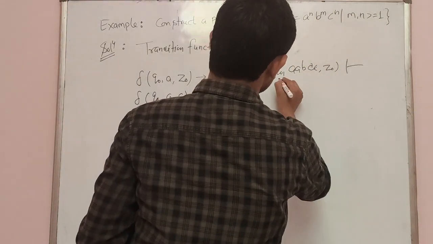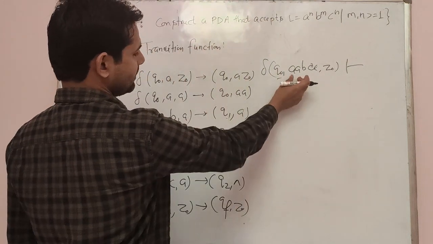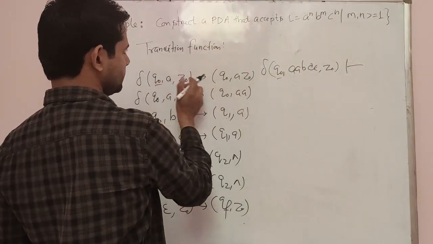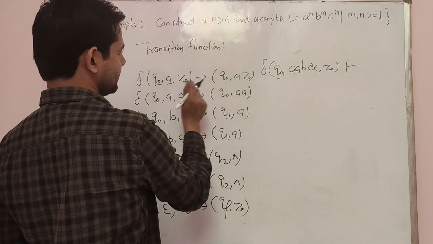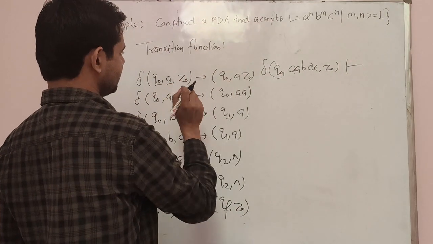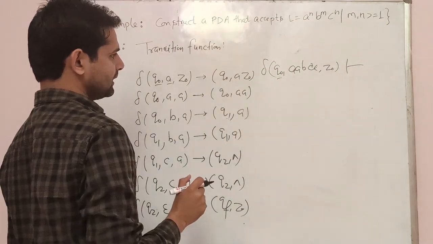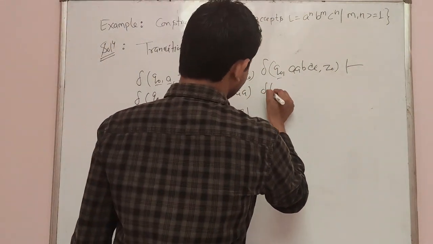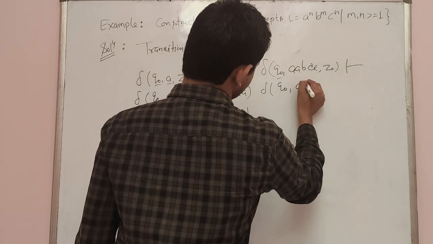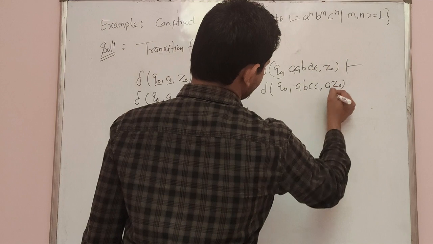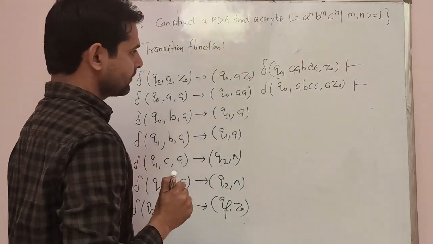First we will check the A's, right? We have Q0, the input symbol is A, we are moving to the same state Q0 and storing that A on Z0. So it is like that: Q0, A, B, C, C, then A, Z0, right?